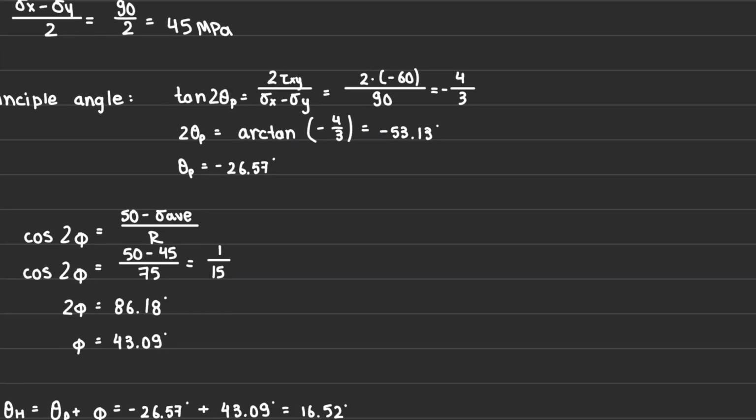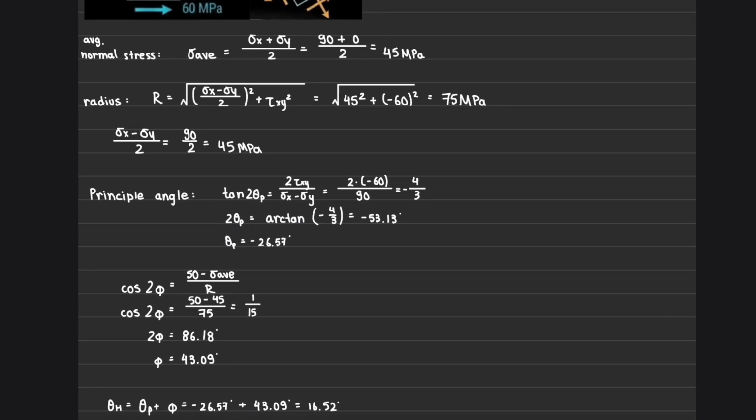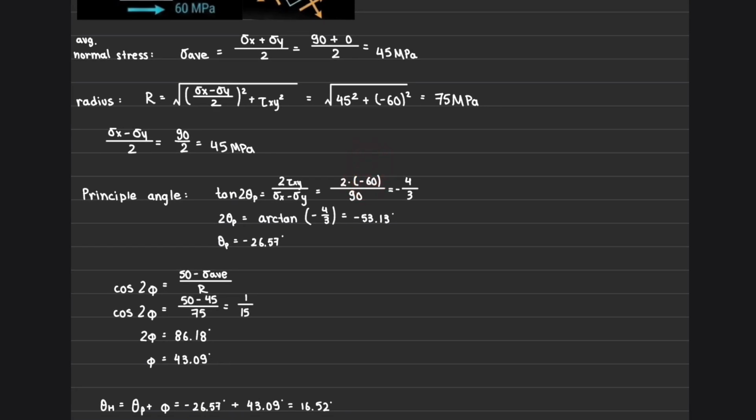So this is the equation over here. We plug in our knowns and we end up with minus 4/3, and if we take the arctan of that, we get minus 26.54 degrees.